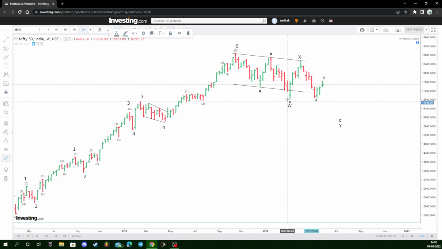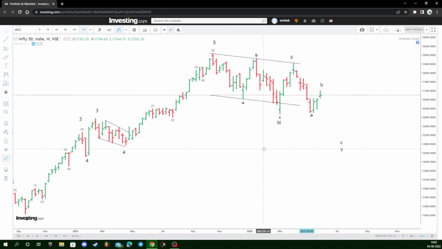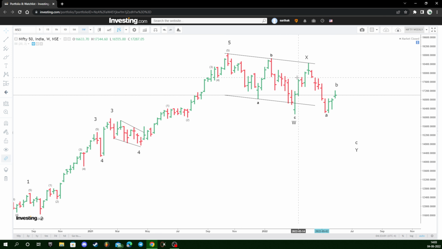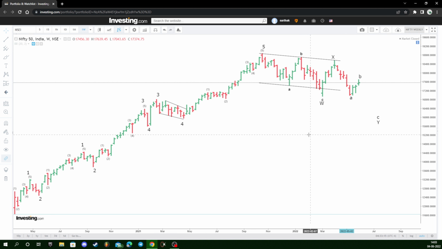At this point, where we are labeling this as a C wave, I had a doubt in my mind whether this rise is going to be a 5 wave impulsive rise. So I first labeled this as a wave 1 and this as a wave 2, anticipating that wave 3 can all the way take us to the all-time high levels. But that did not happen, and I changed my view that the 3 wave counter trend bounce is just an X wave, and then we are again going to fall lower.